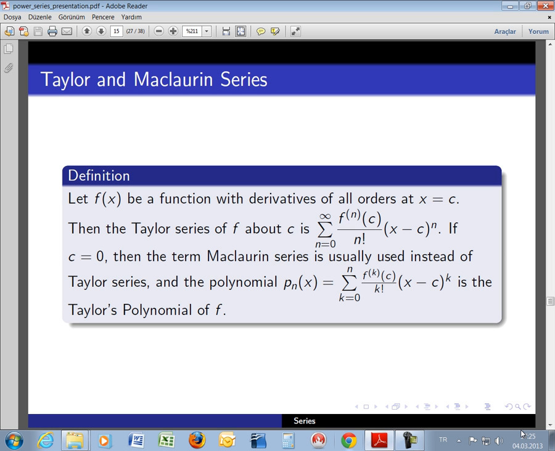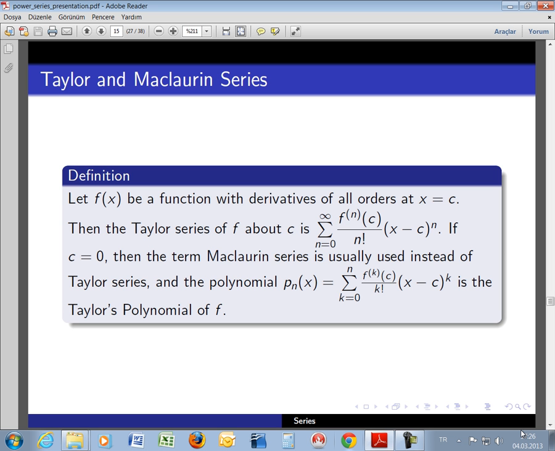But what I want to say is the definition of Taylor series and Maclaurin series. In this case, the Taylor series is the power series, the sum from 0 to infinity of the nth derivative of the function f at the point c, that's the center, over n factorial times (x minus c) to the power n. If this constant c is 0, most of the time this series is called the Maclaurin series.